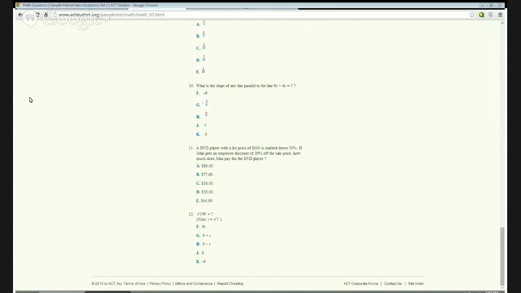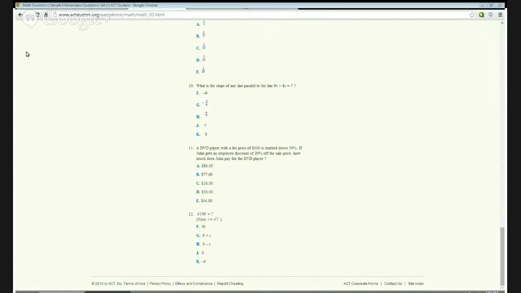They told us the square root of negative 1 is i. So we'll pull that out. So we have i, and then we're just left with the square root of 81 in there, which is 9. So our answer becomes i times the square root of 81, or i times 9, which is F, 9i.